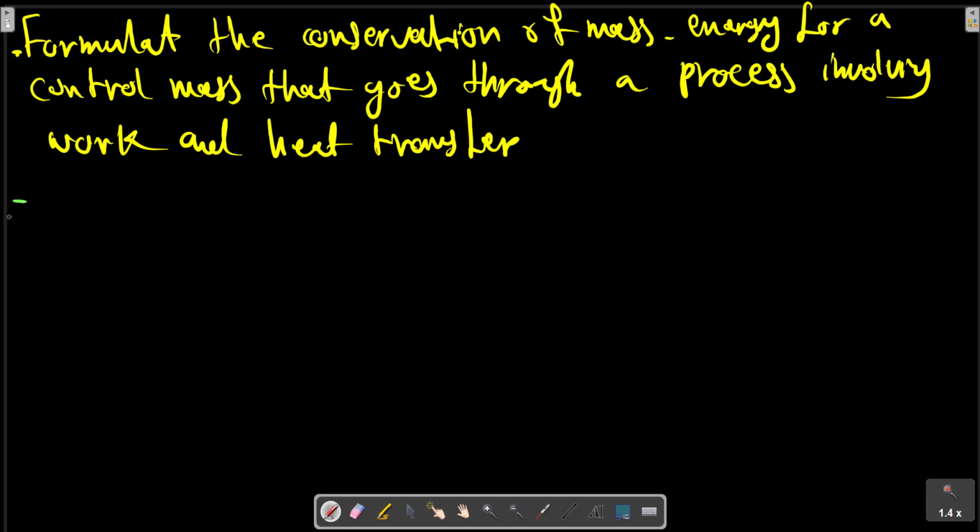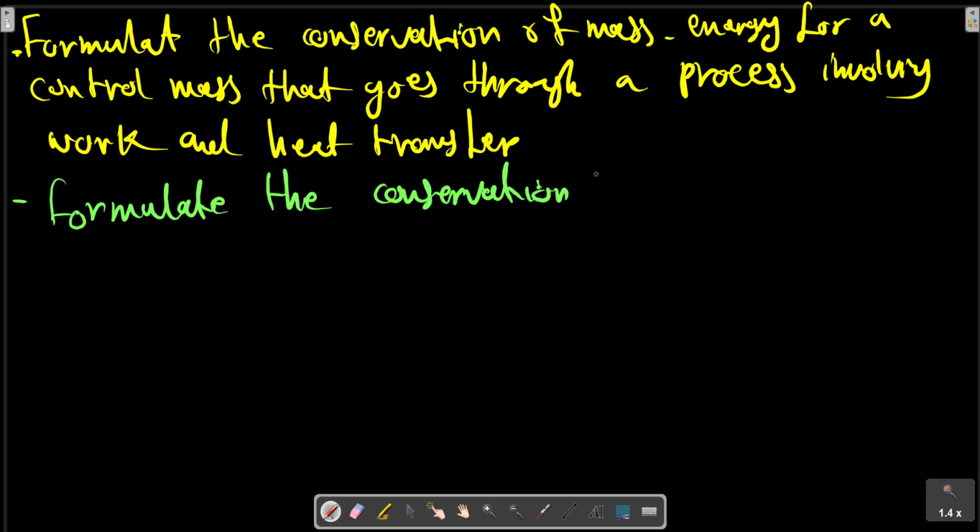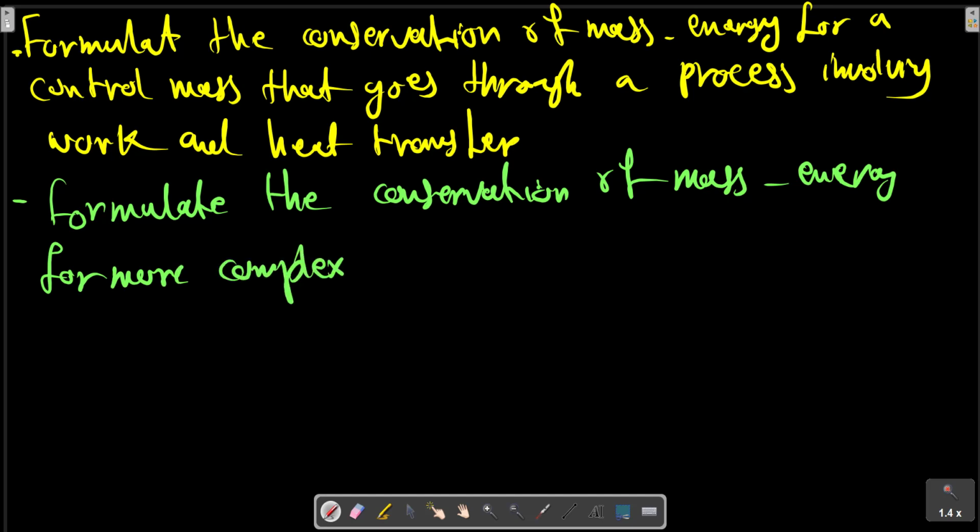Formulate the conservation of mass and energy for more complex control mass, different masses.